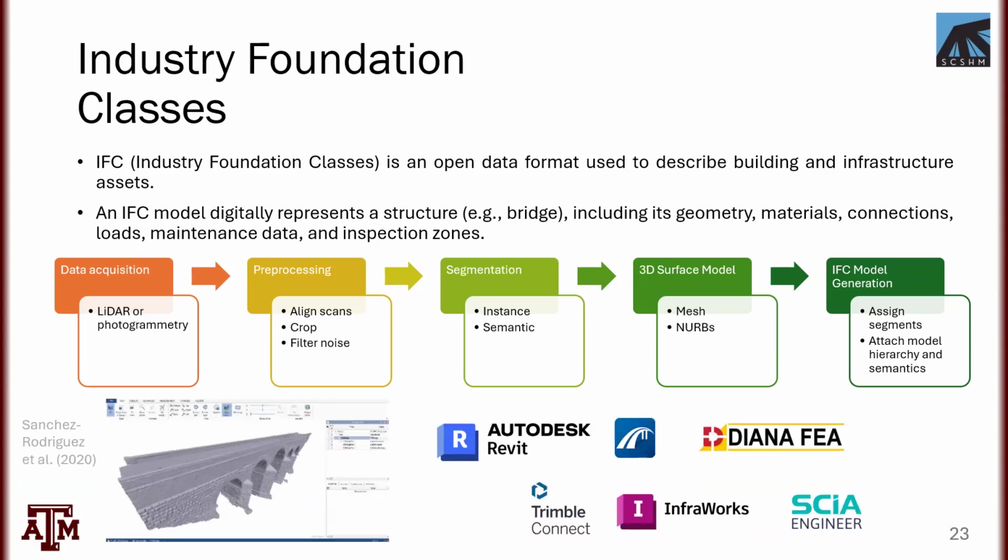And then, of course, we have a whole bunch of software out there that are IFC capable. We have Revit, Bentley, Diana, FEA. These are all software that have full or at least partial IFC capabilities that we can work with.